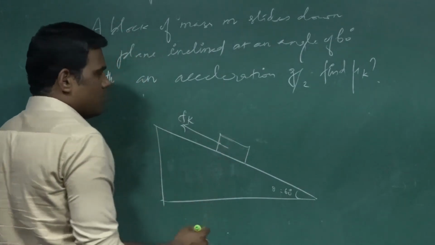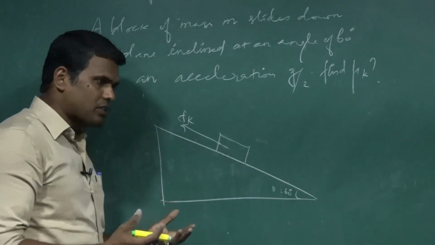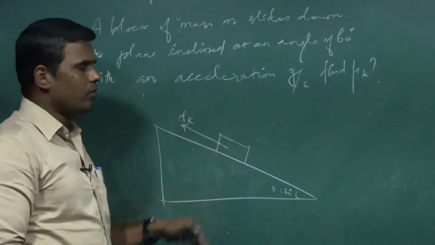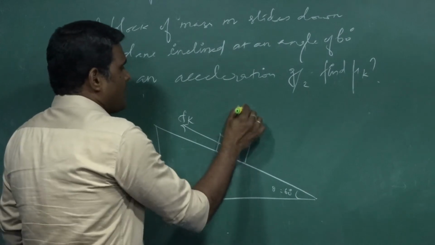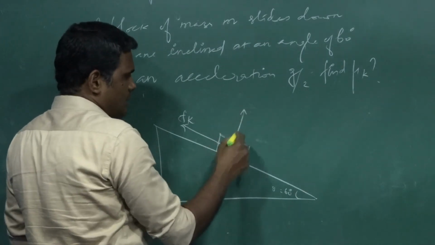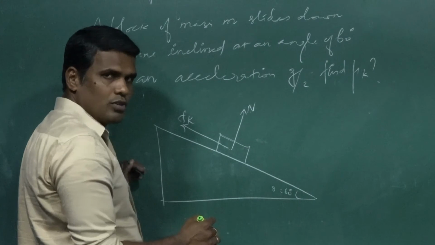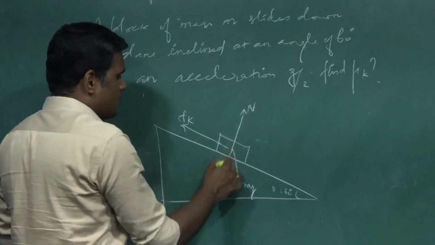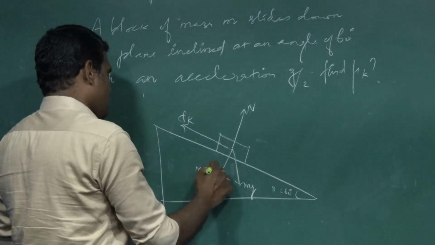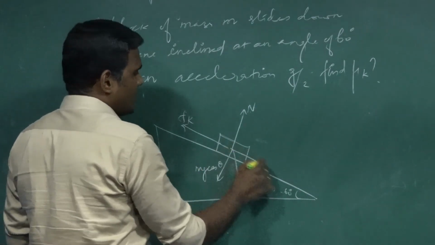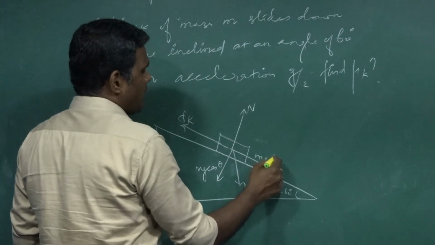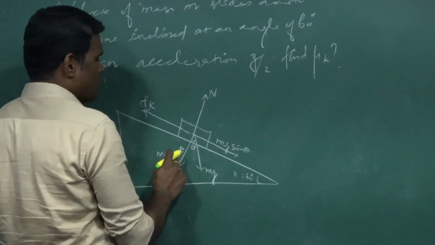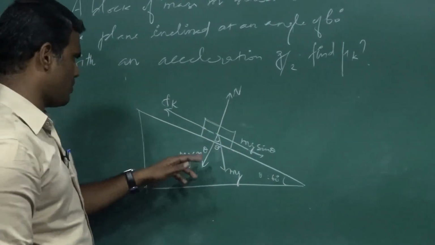I can say the different kinds of forces acting on the mass are the normal force N or the reactive force, and mg which acts vertically downwards. This is mg cos theta where theta is 60 degree, and this one is the parallel component mg sin theta. So mg cos theta is one component, mg sin theta is the parallel component.